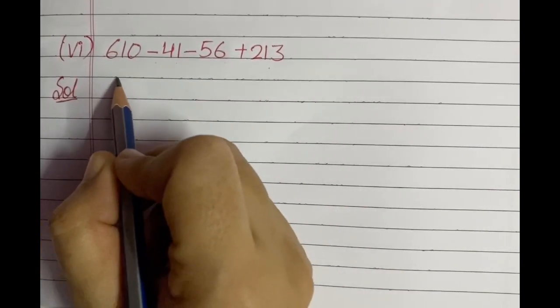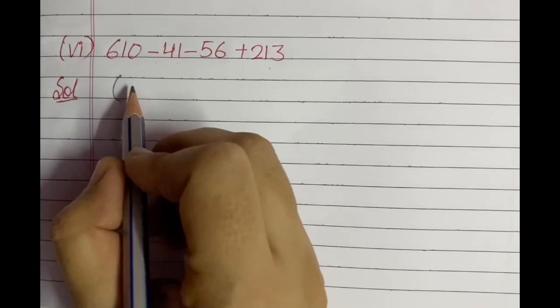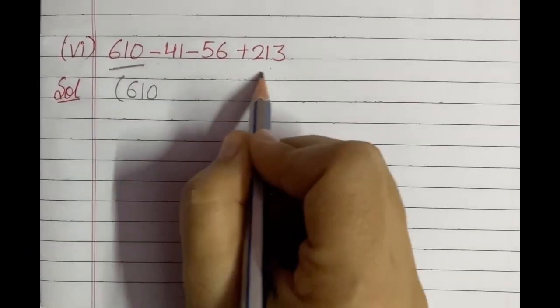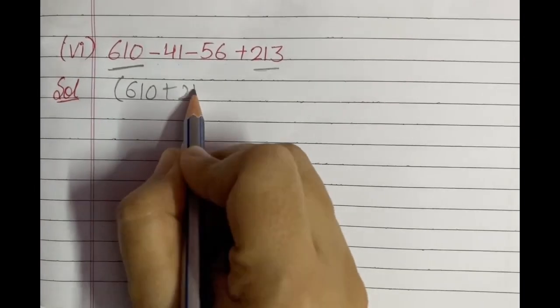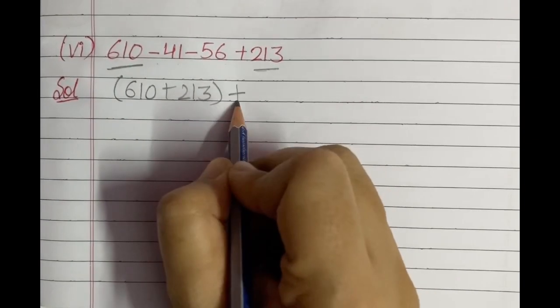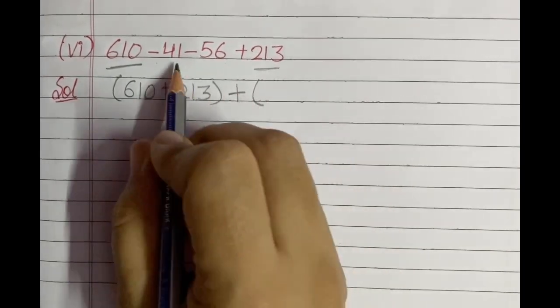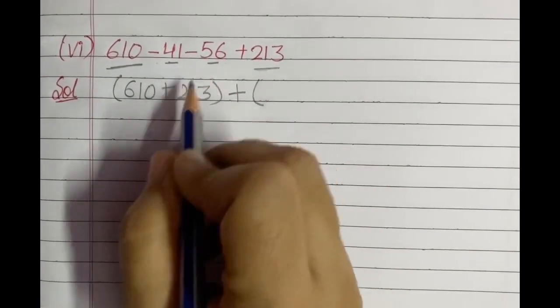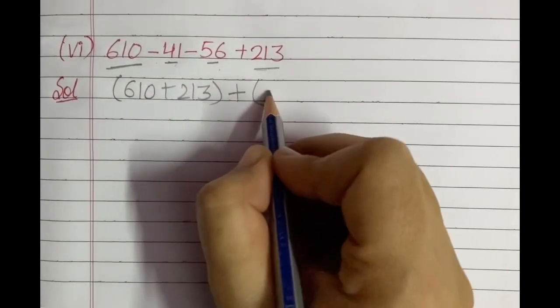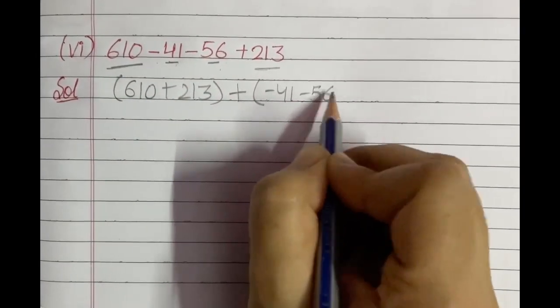Now in the first bracket we are taking the positive integers, that means 610 and 213, and here we will write plus sign, and inside the bracket we will group the negative integers, and the negative integers are minus 41 and minus 56.